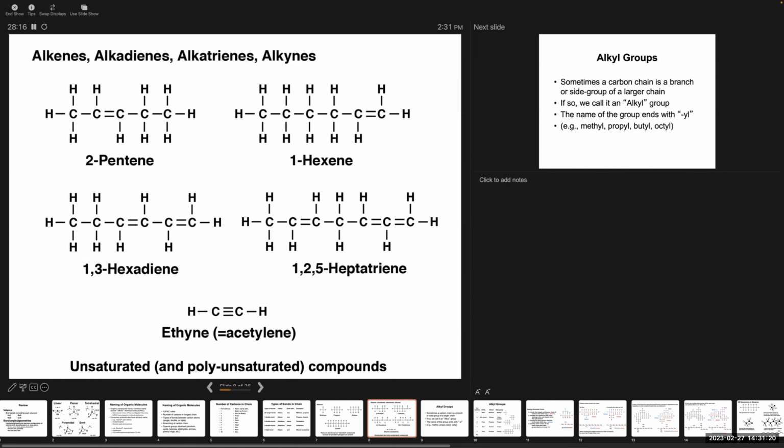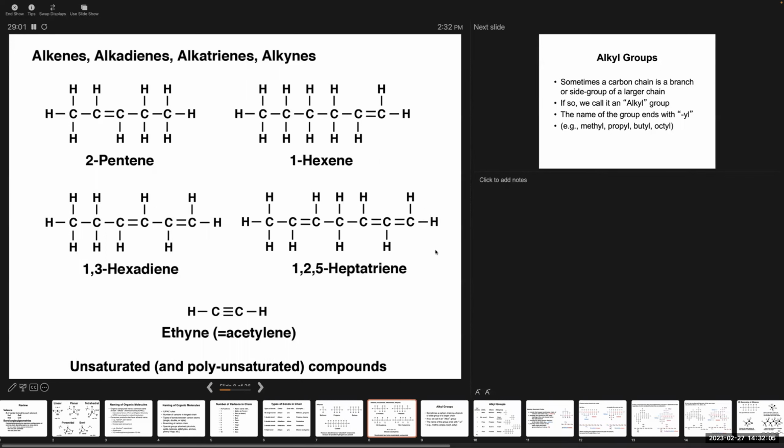It's not fully saturated with hydrogens. It doesn't have every possible hydrogen in there. Same thing with the hexene. And in the case of hexadiene, heptatriene, and acetylene, these are known as polyunsaturated compounds because they're missing multiple hydrogens, not just 2. They're missing 4 or 6 hydrogens because of the presence of multiple bonds.